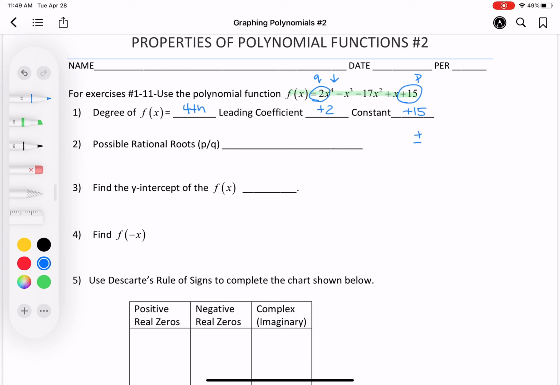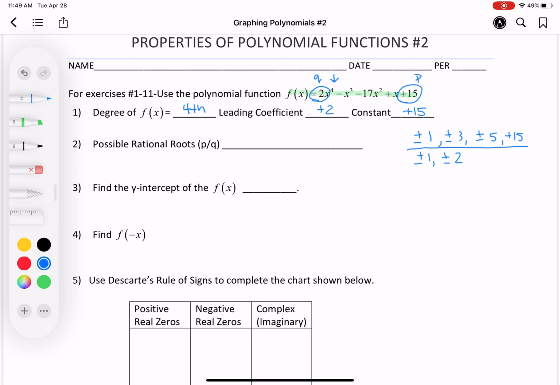So I know 1 times 15, 3 times 5, and those are all our factors that give us 15. Okay, and on the bottom we have our q, which is 2, and what factors do we multiply to give us a 2, which is 1 times 2.